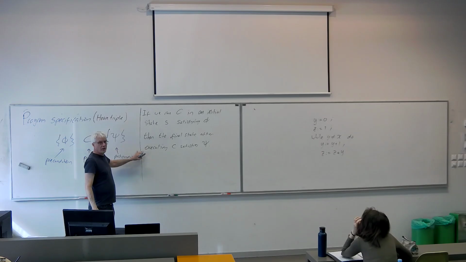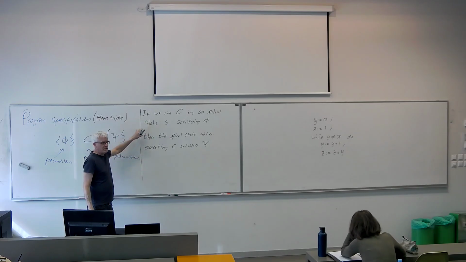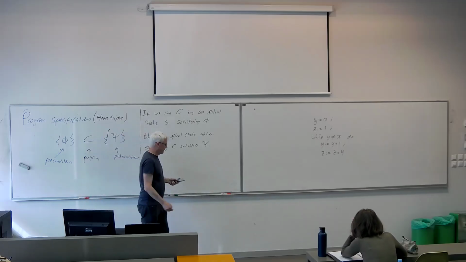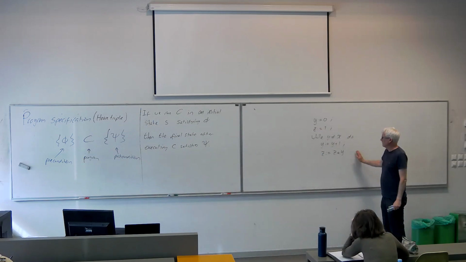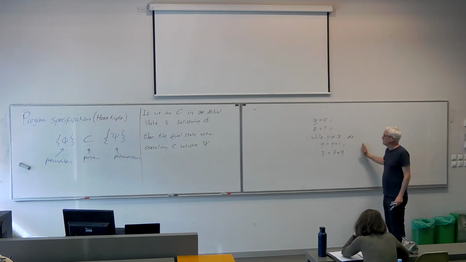Well, I've been a bit imprecise here because there are some subtleties involved about whether the program terminates or not, which we'll come back to. So let's specify what happens here.